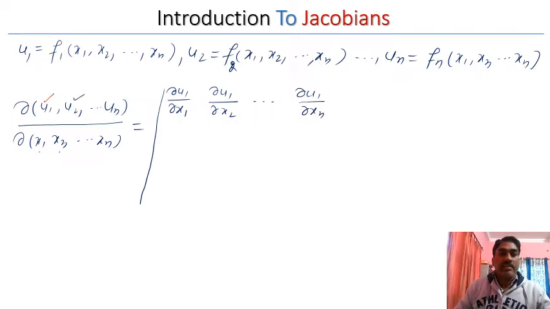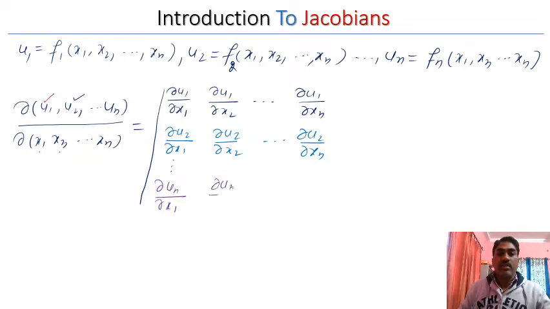Then take the second function: del u2 by del x1, del u2 by del x2, del u2 by del xn, and then take the third function, then the fourth function, and finally the nth function: del un by del x1, del un by del x2, and thus we will find the complete determinant up to del un by del xn.